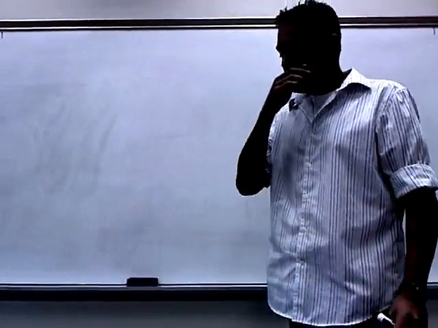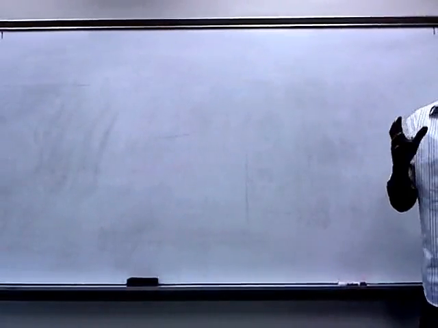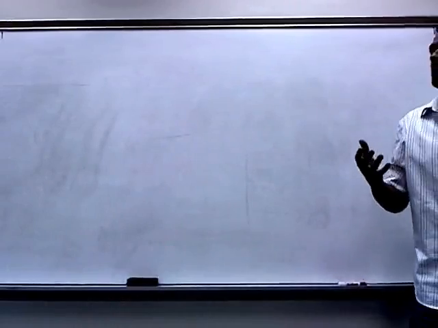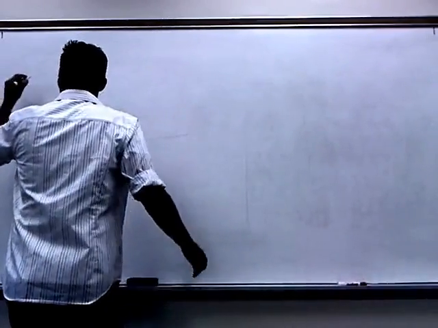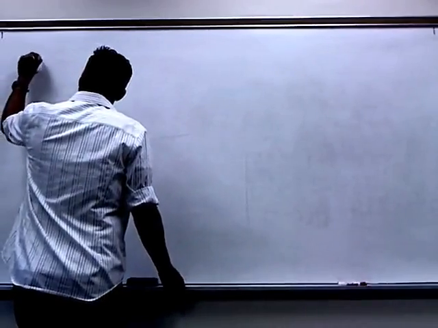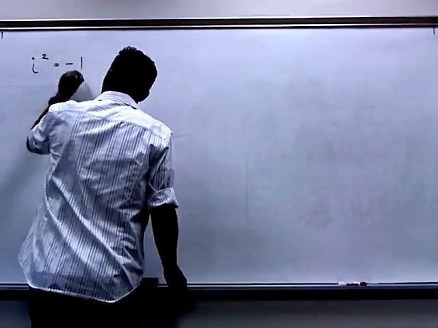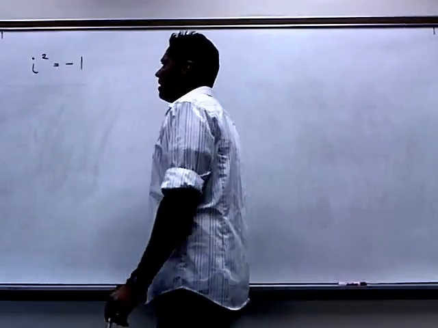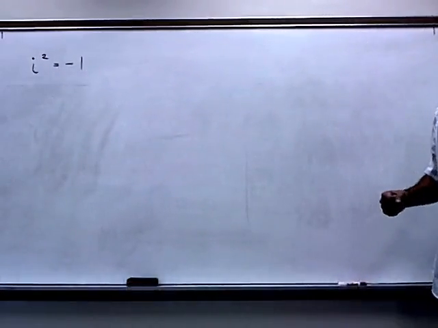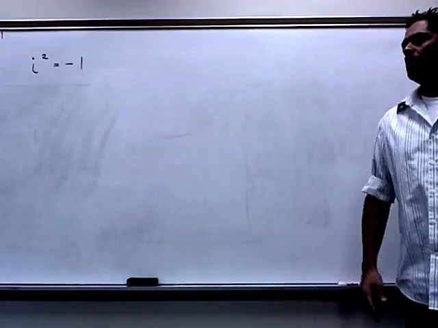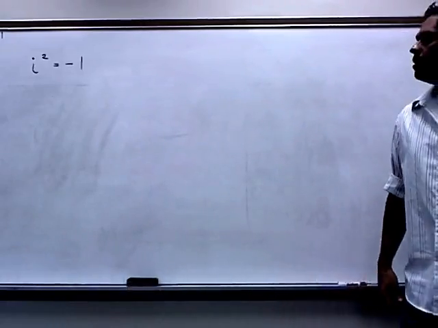Okay, we need to talk a little bit more about our complex numbers. The main idea we were supposed to take away from last class was that the imaginary unit i is the number that when you square it, you get negative 1.